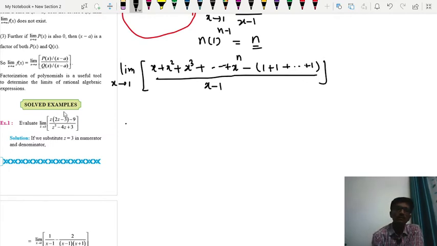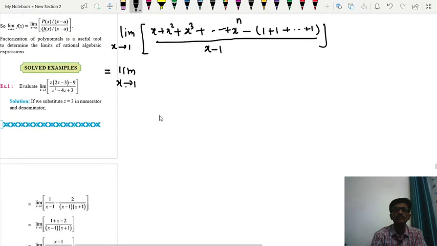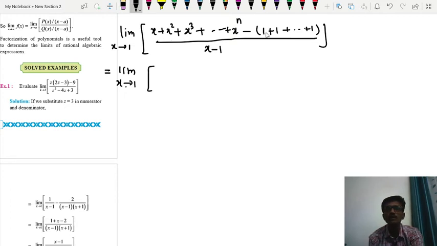Okay students, this will be limit x tends to 1. These are n number of terms and these are also n, so we'll group it.